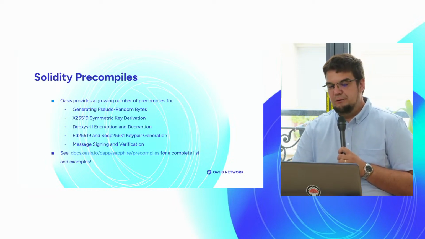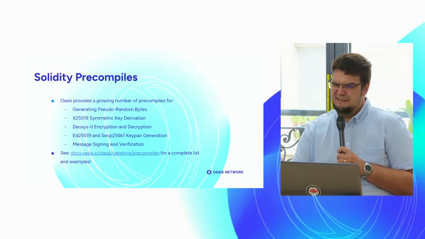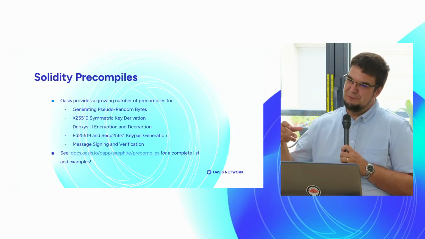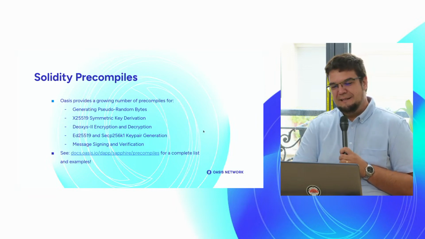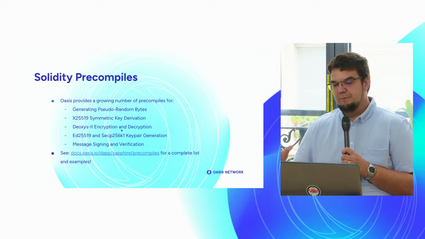One is for deriving the symmetric key from the private-public key pair. You can sense now that this can be used to do the on-chain encryption. And then we added the Oasis encryption and decryption primitives, which is used by the communication between the client and paratime as well.